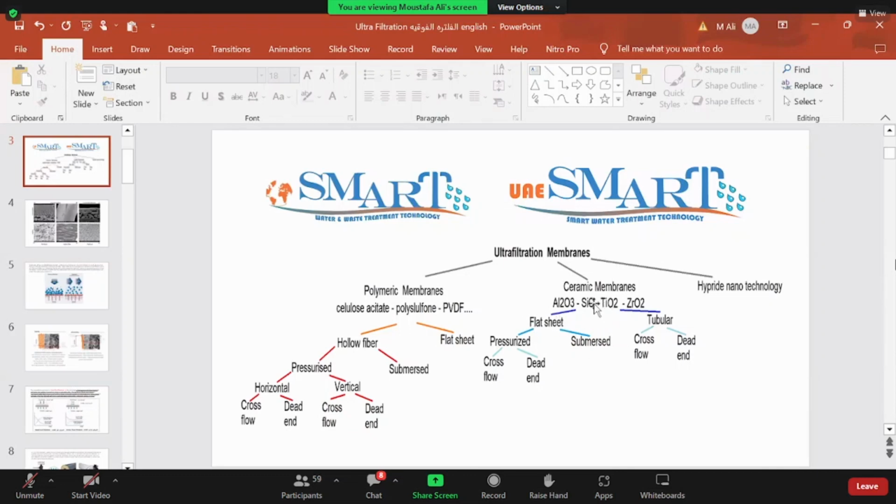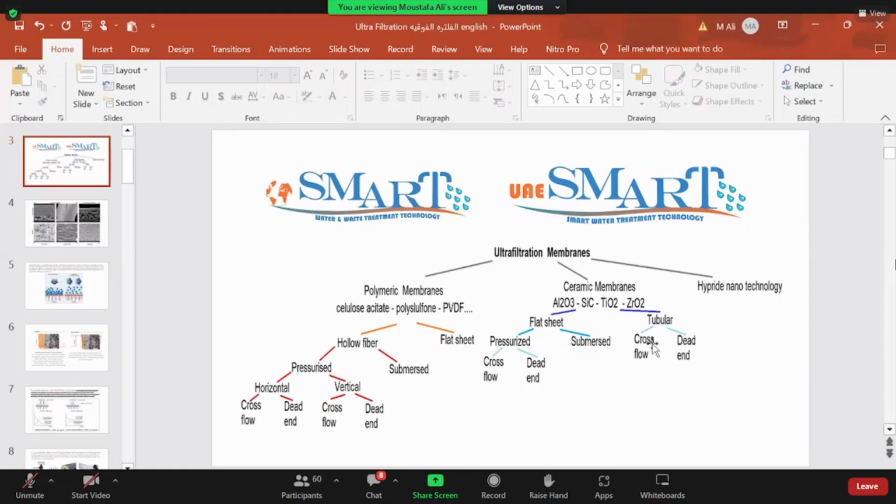The ceramic membranes also can be categorized into two categories. The first is tubular membrane. The second is flat sheet membrane. Both of them can use dead end filtration or cross flow filtration technique.